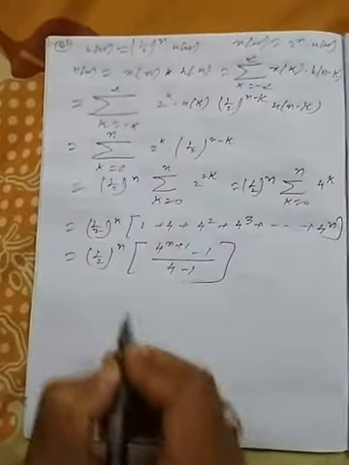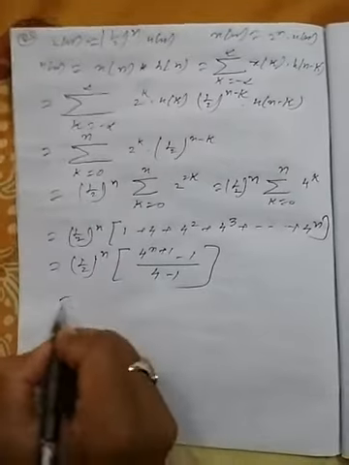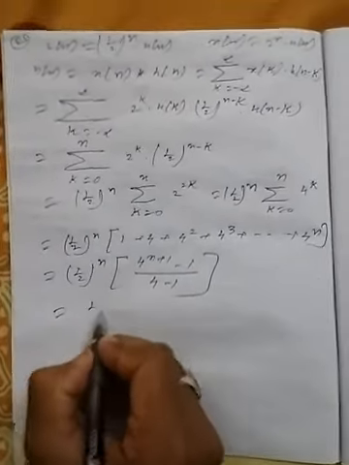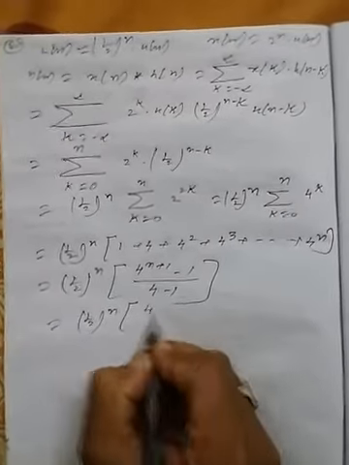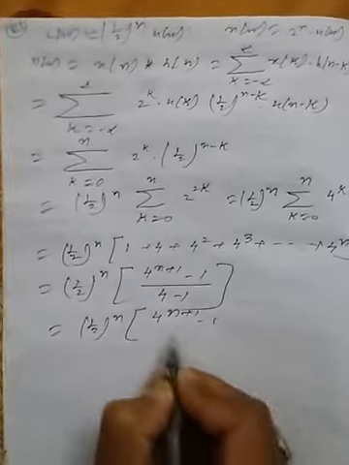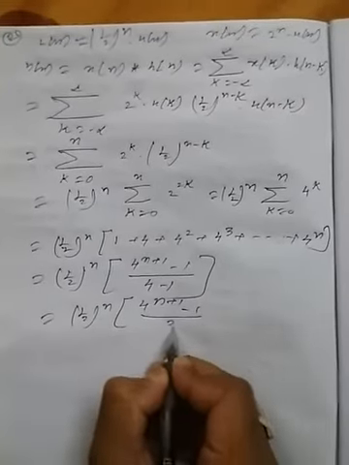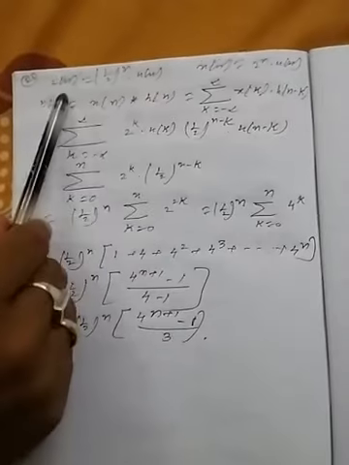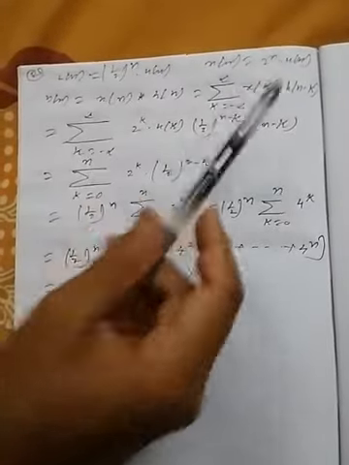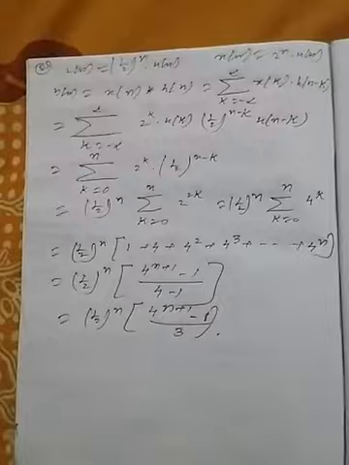This is the formula, right? So from here we can see that this will be equal to half to the power n into 4 to the power n plus 1 minus 1 divided by 3. So this is the convolution of the two given sequences, h of n and x of n.